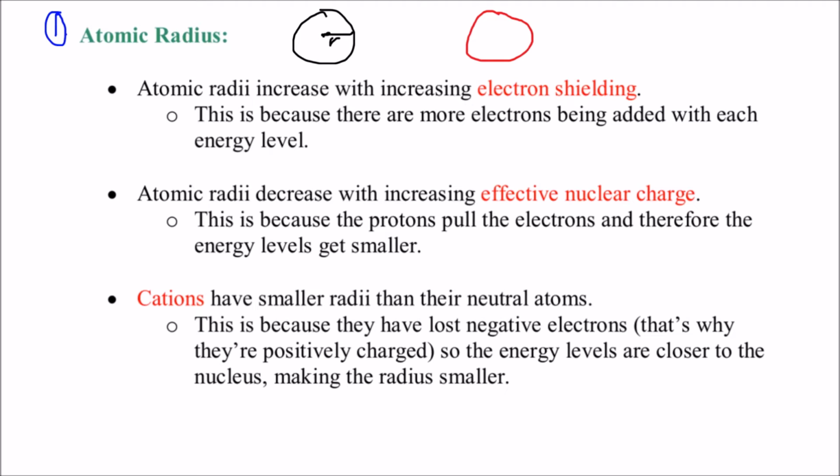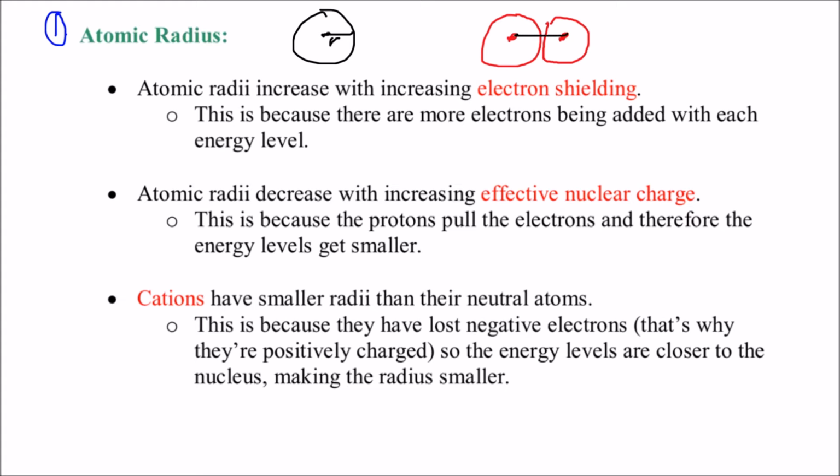We say, okay, what if we bonded two atoms together? These are supposed to be touching, but I couldn't, for some reason, make that happen. So we've got two atoms here. We've got their nuclei in the center, and they're bonding.